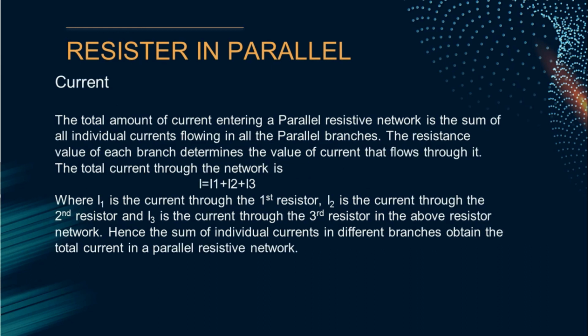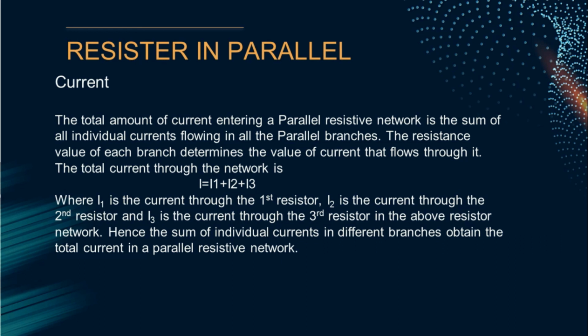Current. The total amount of current entering a parallel resistor network is the sum of all the individual currents flowing in all the parallel branches. The resistance value of each branch determines the value of current that flows through it.